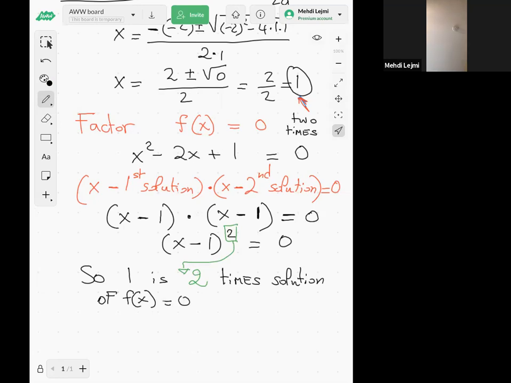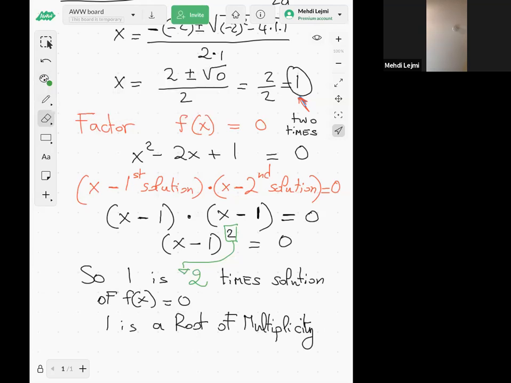So 1 is of multiplicity 2. A solution, or a root, is a root of multiplicity 2. So multiplicity 2 here.